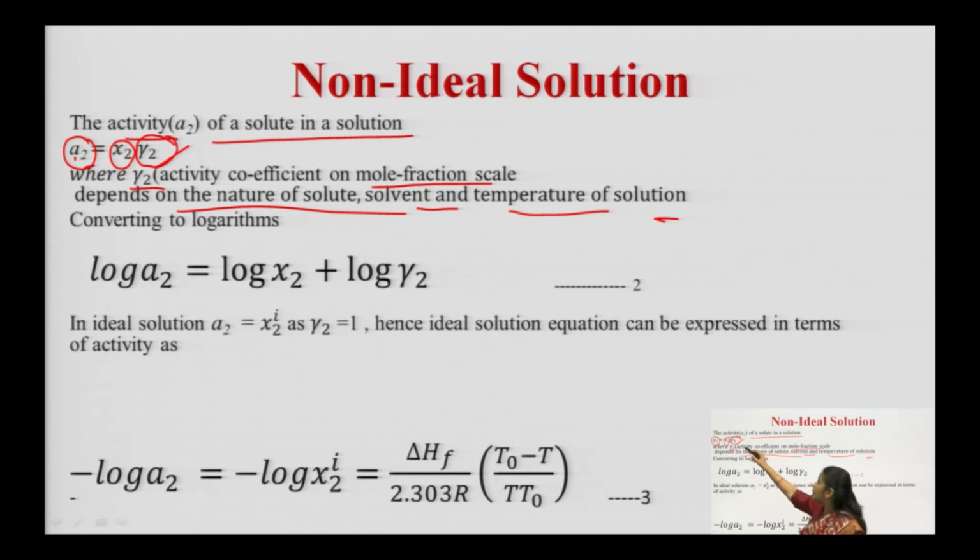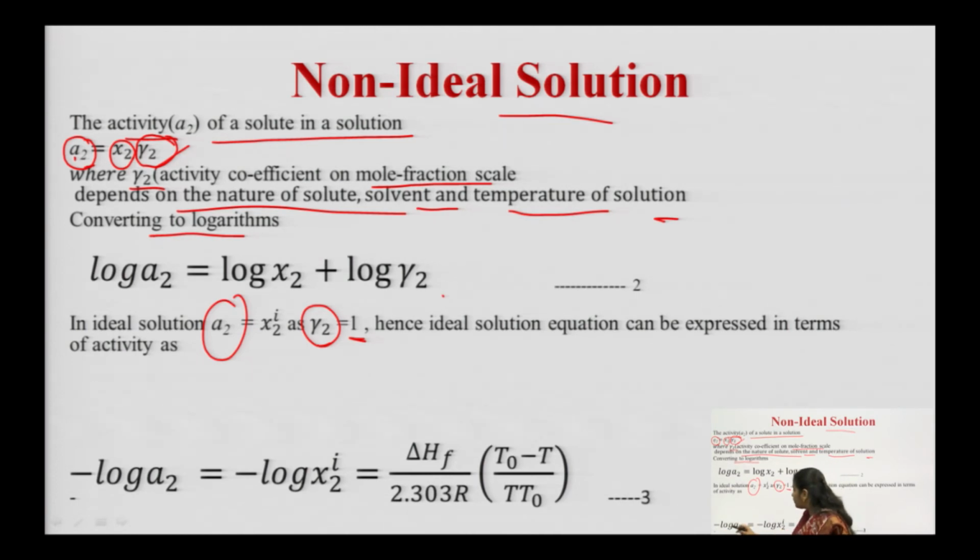If we take the log, we have log a2 is equal to log x2 plus log gamma 2. If we want to fit it into the ideal solution equation, we can use this a2 as x2 i, and in place of gamma 2, the activity coefficient, we can place 1.